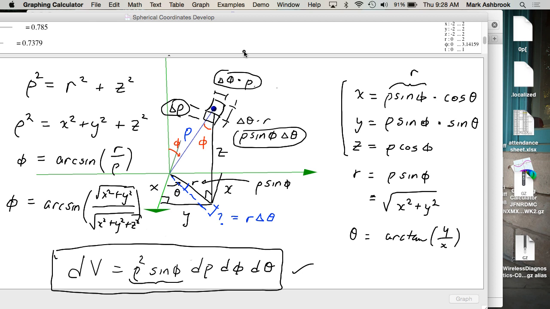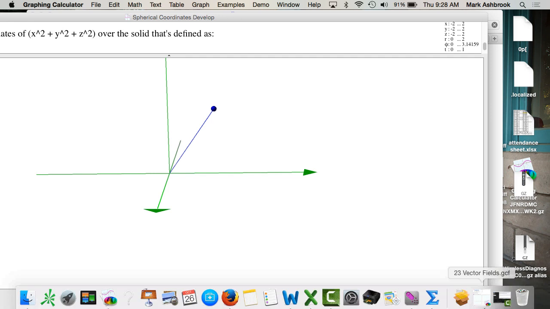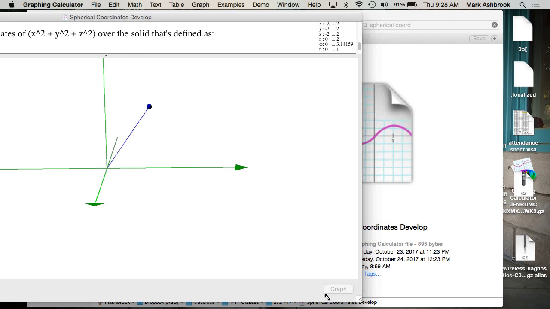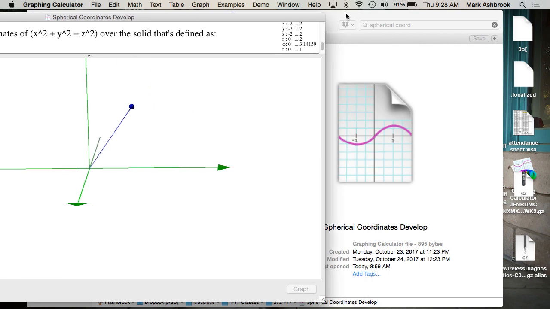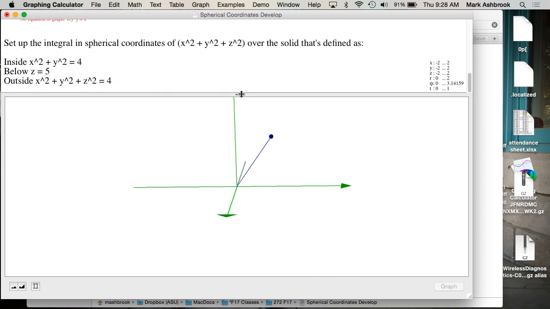Can I erase what's on the screen? Okay, here we go. So we want this one here.